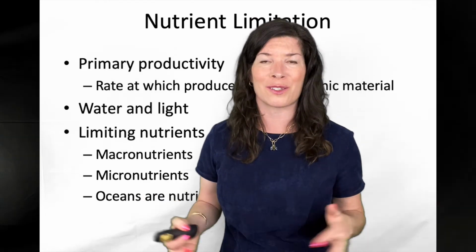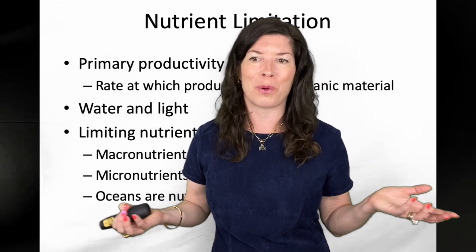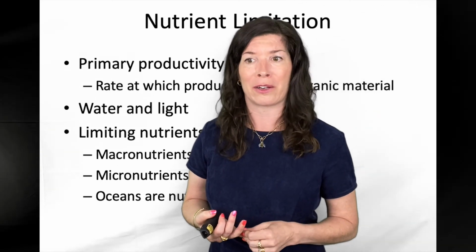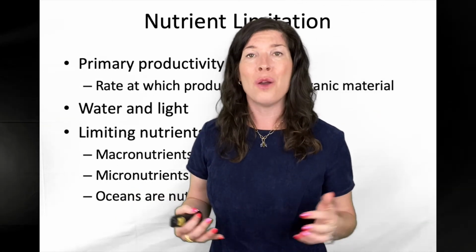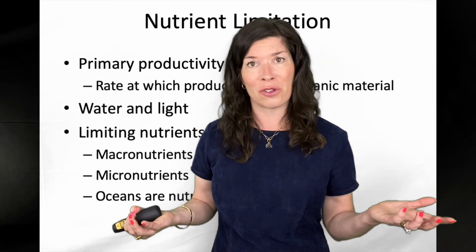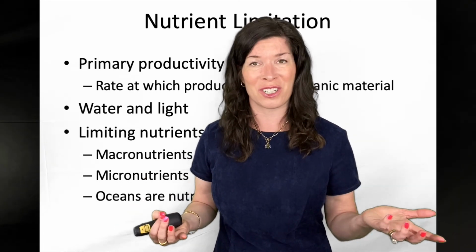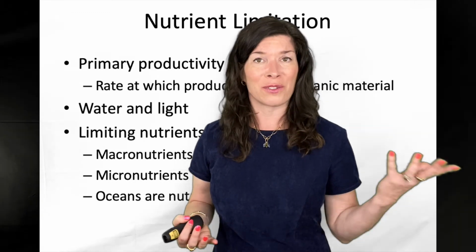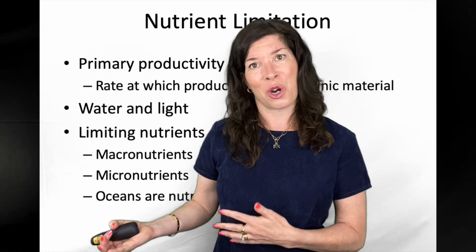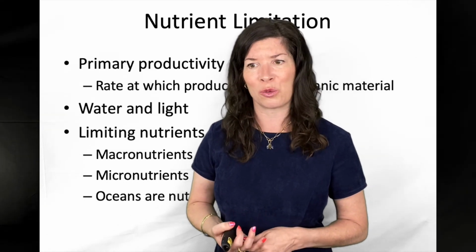Without those two things, plants can't carry on robust photosynthesis. But also we need to think about other abiotic factors like water and light. Without the availability of water or the availability of light, photosynthetic organisms can't use the energy of sunlight to convert other molecules into carbohydrates that can be used by consumers.